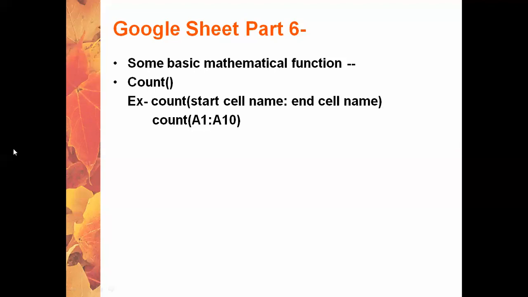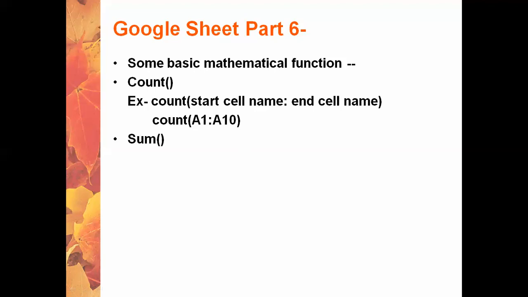Then we use a colon, and then again write a cell name, which is a column name and row number. So this formula will count how many persons are there between cells A1 to A10.